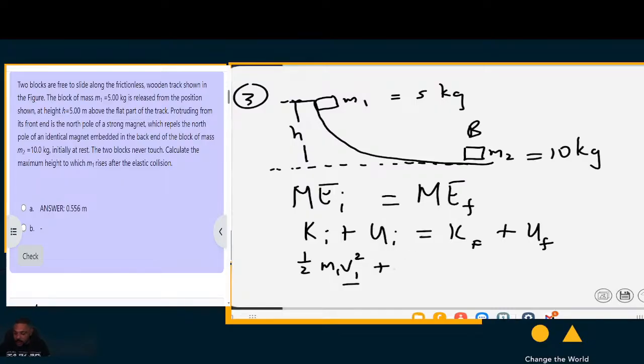But since it is at ground level, our reference, the potential energy is zero. Now, at the final, its potential energy is no longer zero, but its kinetic energy is zero since it flies backwards up the ramp, this frictionless surface, the track, but its potential energy is now m2.